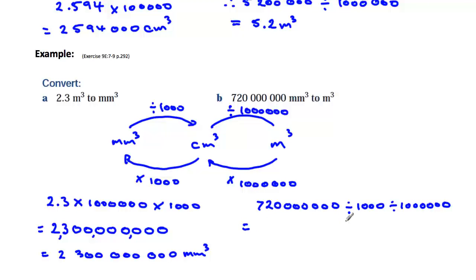So when we do this, we're actually dividing by 9 zeros. So that means we would cut back from here, 1, 2, 3, 4. We might as well cross them off, 1, 2, 3, 4, 5, 6, 7, 8, 9. So it's 0.72 cubic metres.